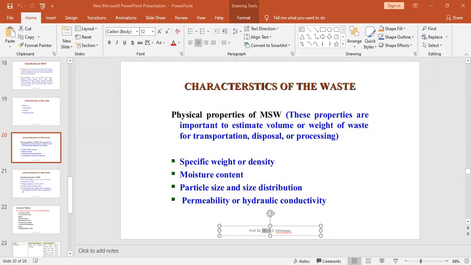That is known as the hydraulic conductivity. These are similar terminologies.